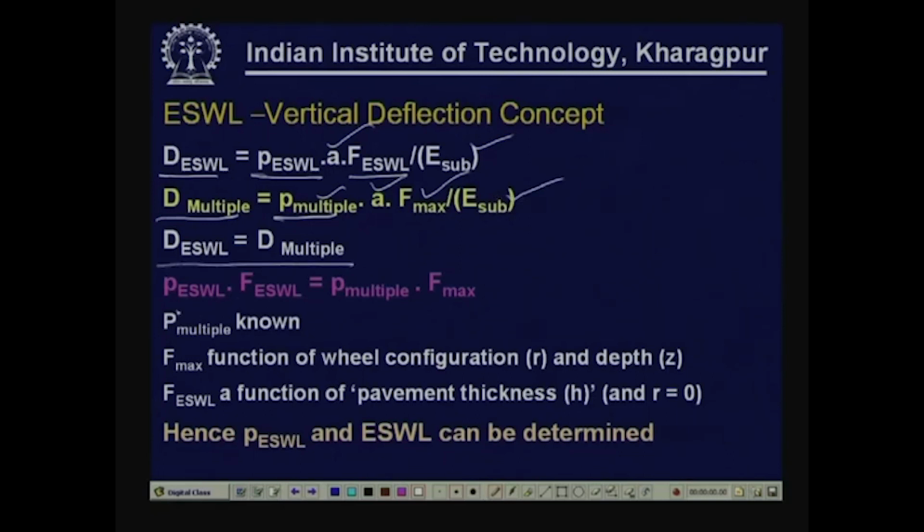Equating these two, we get pressure multiplied by deflection factor for both the systems. Like in the earlier case, we know multiple system P, and F maximum has to be evaluated for the given configuration. F equivalent single wheel load is a function of thickness, since R is 0. Once we get this value, we can calculate the corresponding equivalent single wheel load.